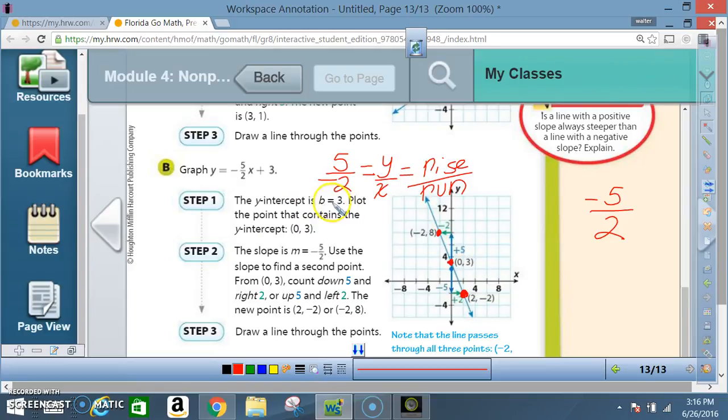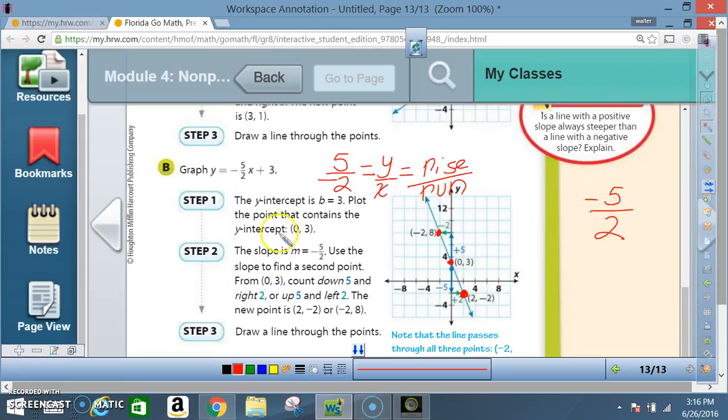Remember now, we graph the y-intercept first, and then we start counting the slope. And when the slope is written with a negative sign in the middle, that means the slope can be interpreted 2 ways. 5 over negative 2 in this case, or negative 5 over positive 2.